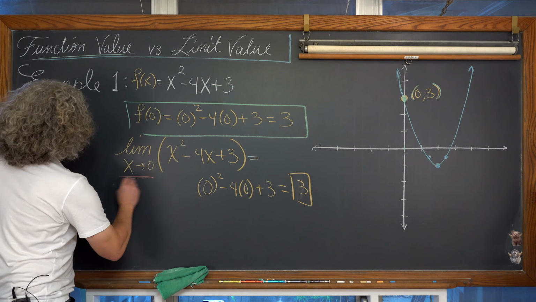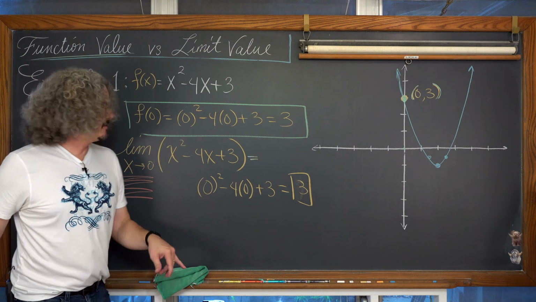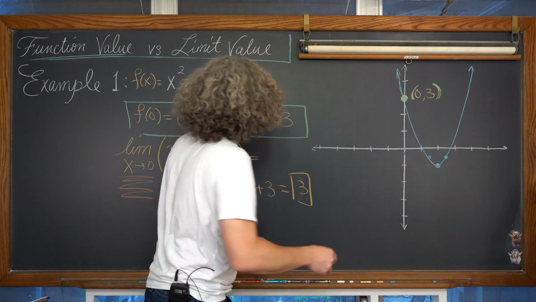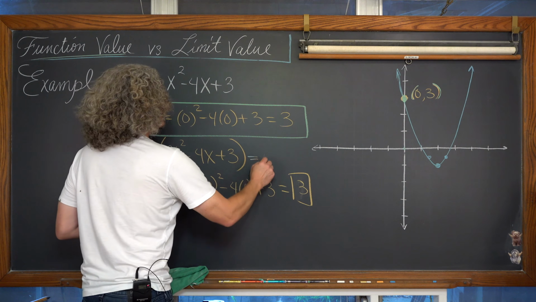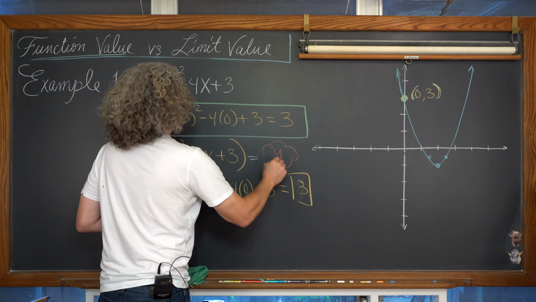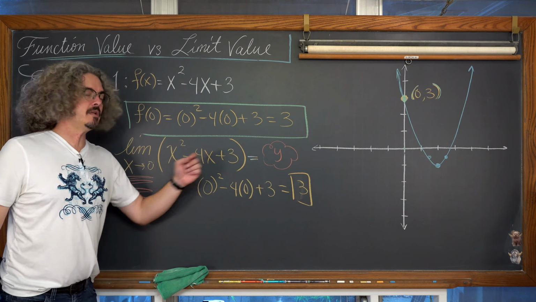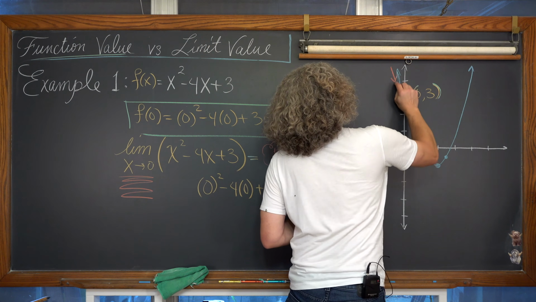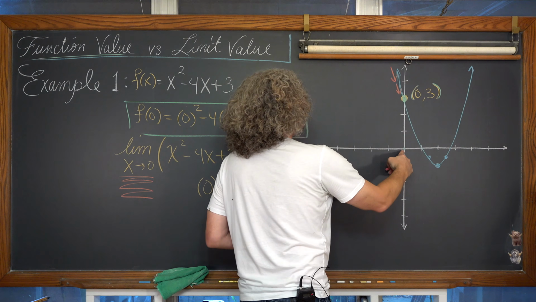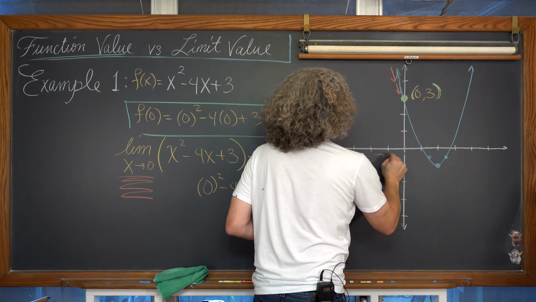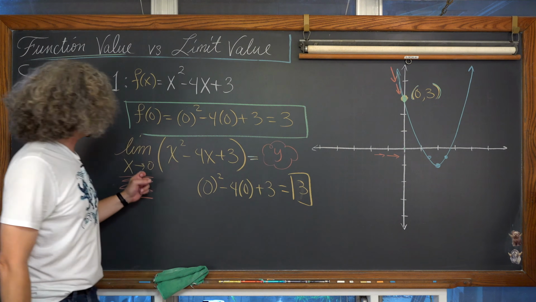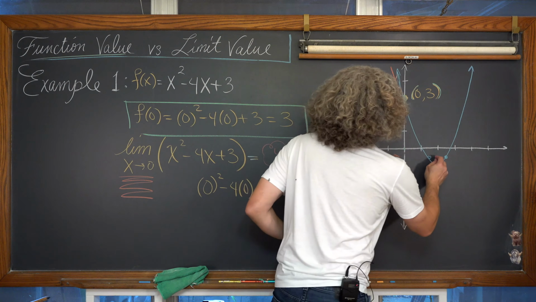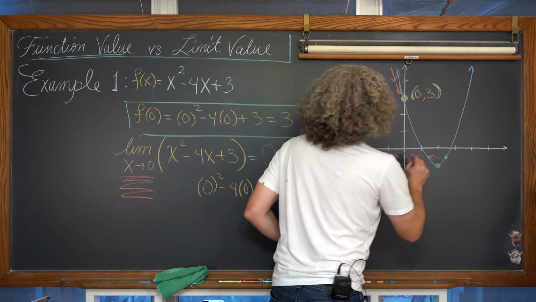A limit statement, and with there being no plus or minus, is about you approaching. What ultimately is the answer, the y value that you're getting from this function as you get closer and closer to the given value of x at which you're trying to analyze the limit from both the left and the right hand side.